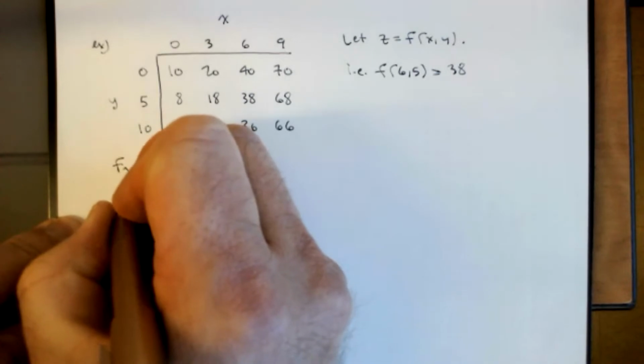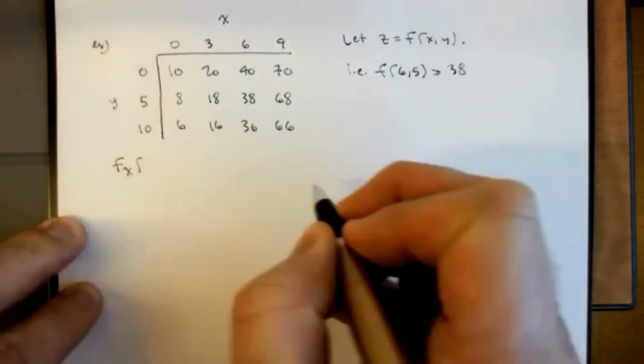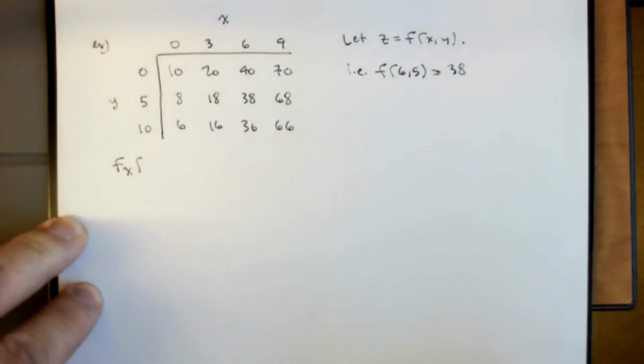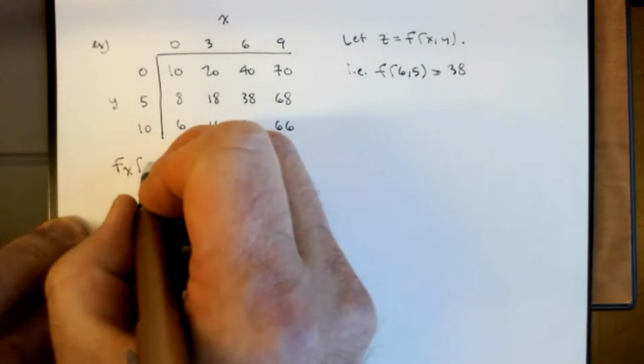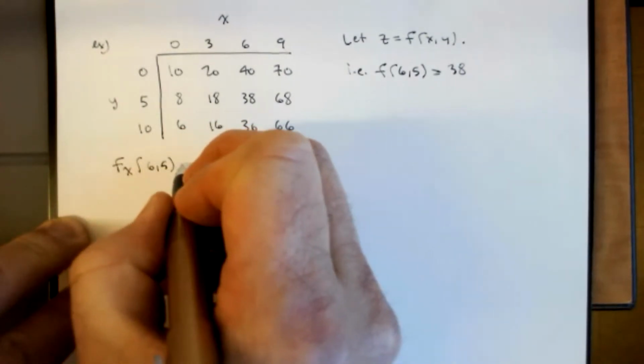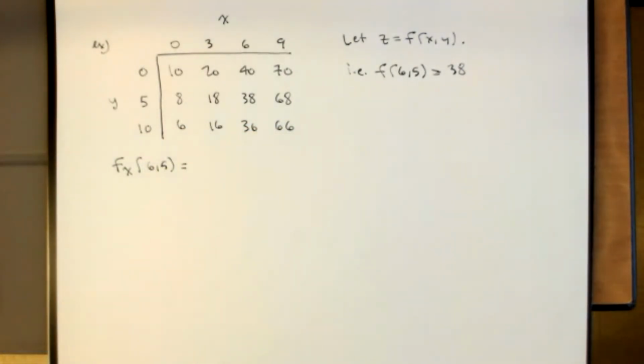So if I write f sub x of 6, 5, this is going to be my derivative in the x direction. I didn't have to make this distinction before because all we had was one direction.